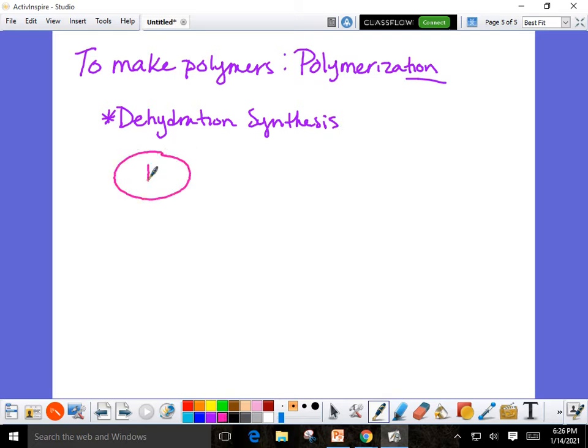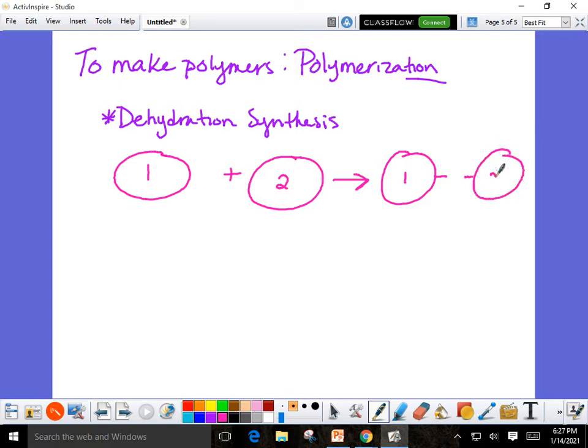So you've got molecule number 1, molecule number 2. I'm just gonna draw this real quick and then I'm gonna add a couple things to it. Now let me add in, off of one of those molecules, you're going to have a carboxyl group.